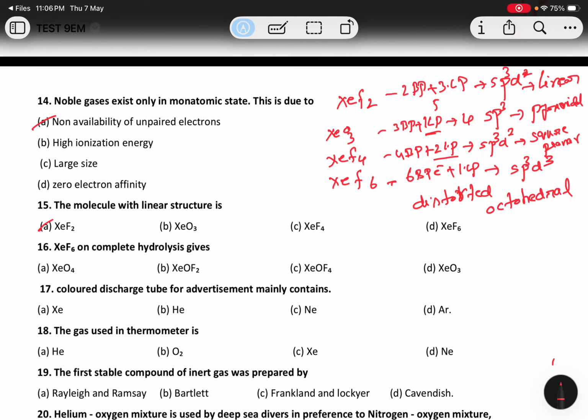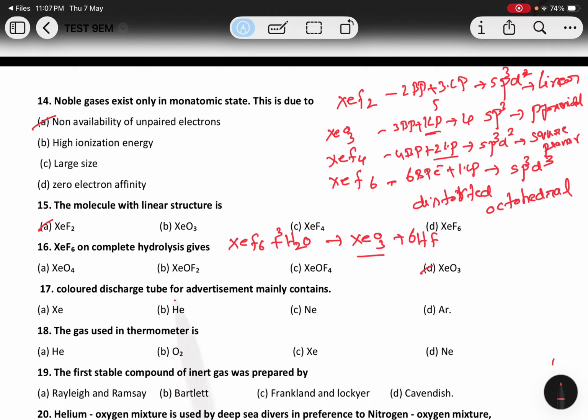We know XeF6 undergoes complete hydrolysis forming XeO3 plus HF. By balancing the 6 fluorines, we put 6 HF. So hydrogens are 6, so we multiply by 3 H2O. So it gives xenon trioxide. So option D is the correct one.